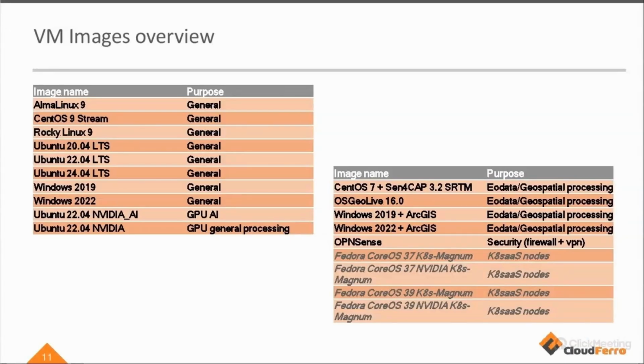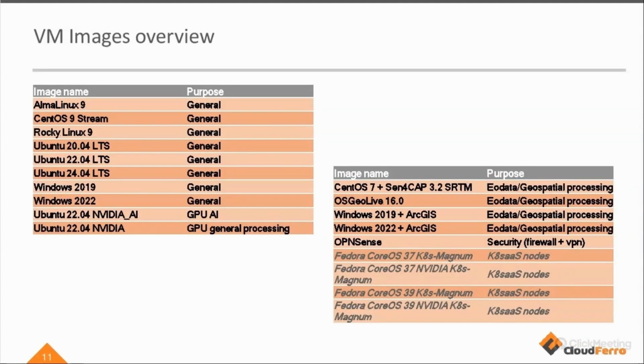For Ubuntu, we additionally prepare images ourselves with NVIDIA drivers and even a set of AI tools like TensorFlow, etc. So you can just select such an image and create a virtual machine. I will show you this in a moment.